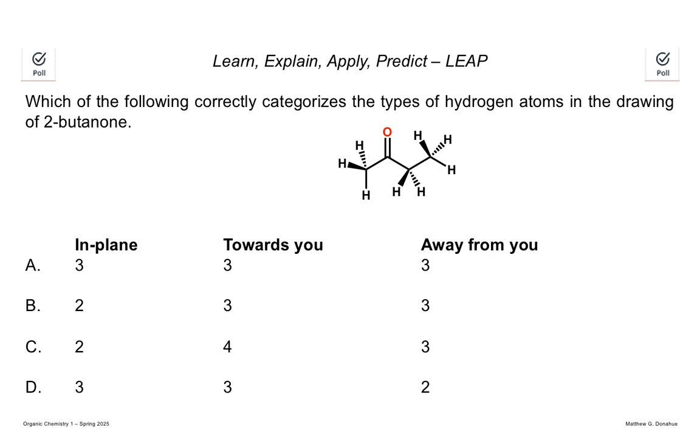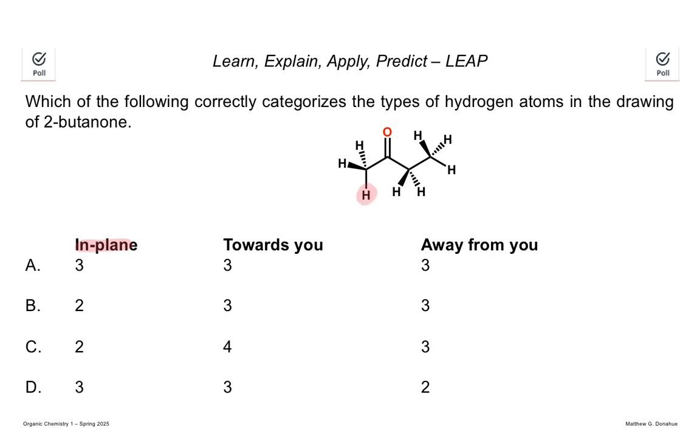So that we're all on the same page here, let's just classify how many hydrogens are in the plane, how many are towards you, and how many are away from you. So we'll do the reds in the plane. And again, that's just using the regular line.